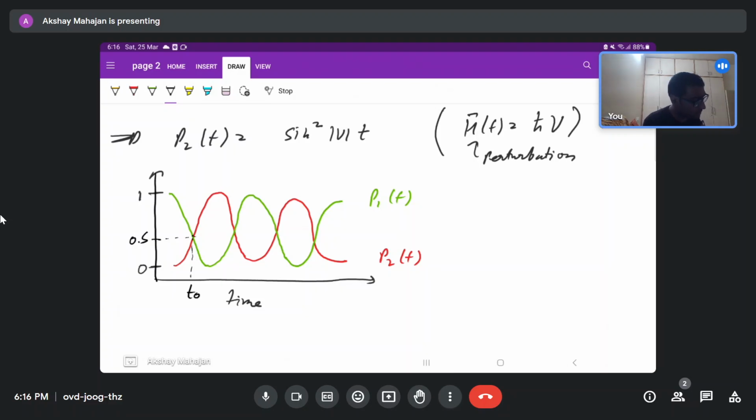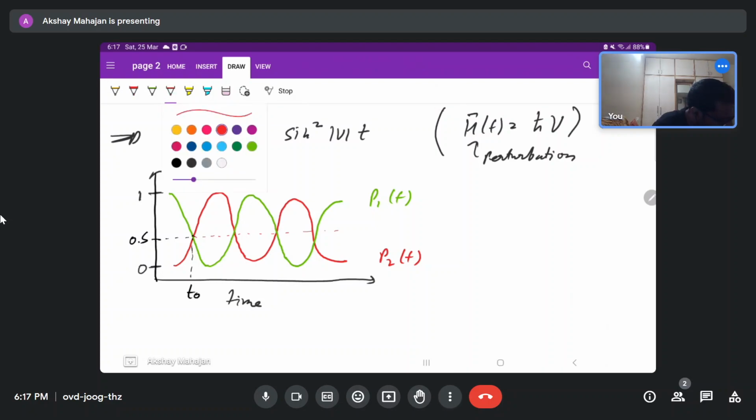And what we will do is remove this perturbation after this time t, and so both the probabilities will stop changing. The probability of P1(t) will decrease from 1 to 0.5 and P2 will go from 0 to 0.5, and then when we remove the perturbation, both of them will be constant throughout.